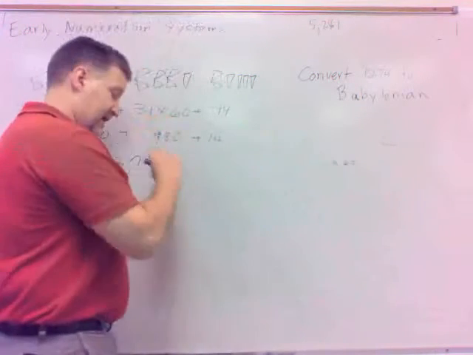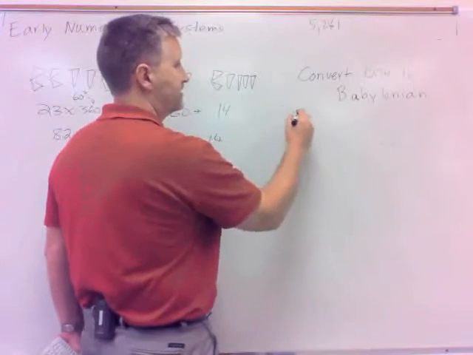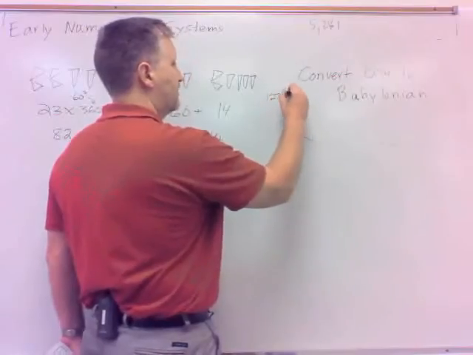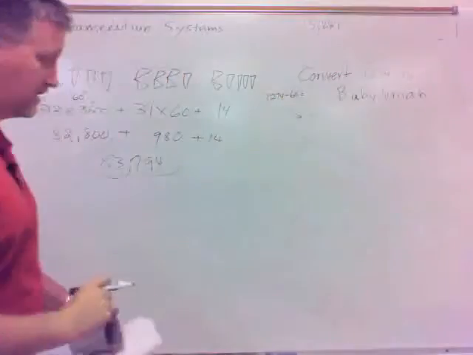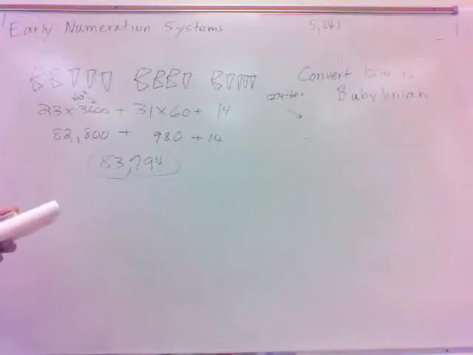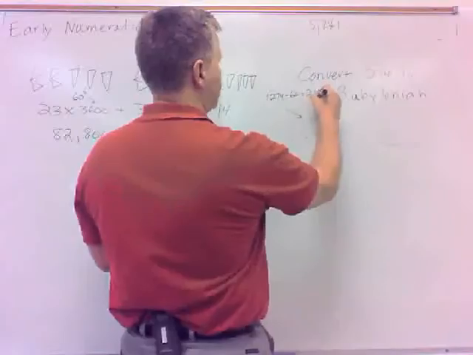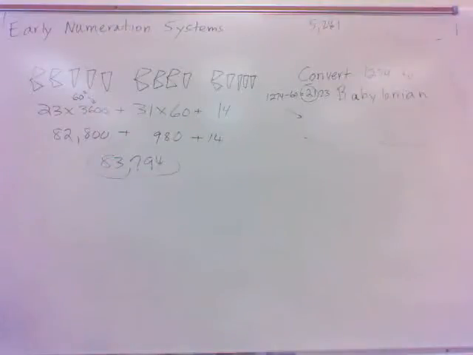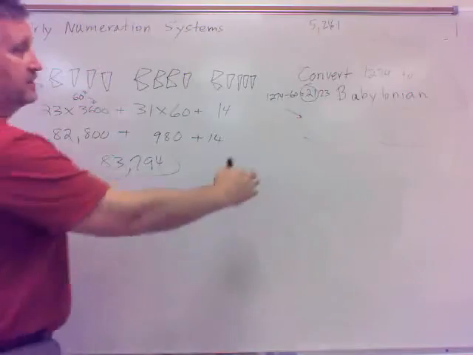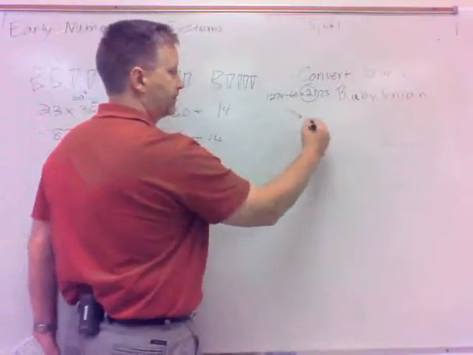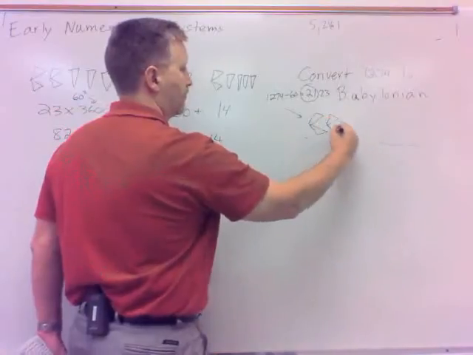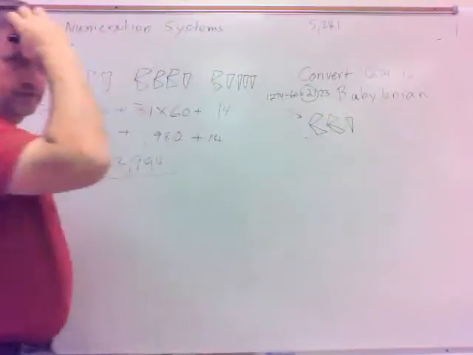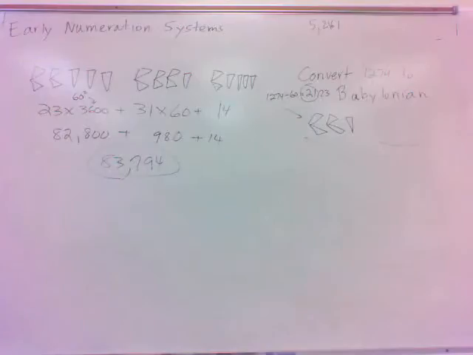To determine that, we just take 1274 divided by 60 and see how many times 60 goes into it. 21.23 is what I get. So evenly, 60 goes into 1274 21 times. So that tells me 21 needs to go here. I'm going to put 21 in that first group. Now what goes in the second group?